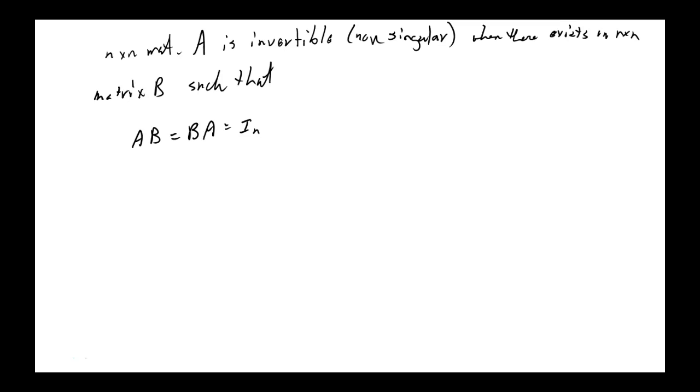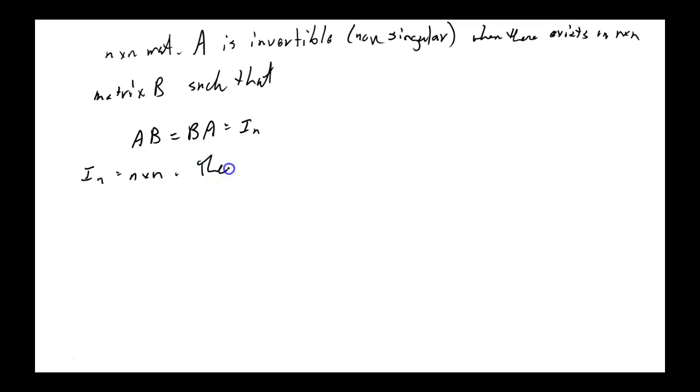Where I sub n is an n by n matrix. Well, the wrong one erased. Okay. Identity matrix of order n. Okay.